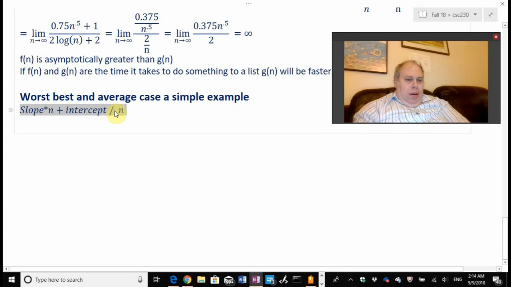Slope times n plus intercept, divided by n, and we want to take the limit.